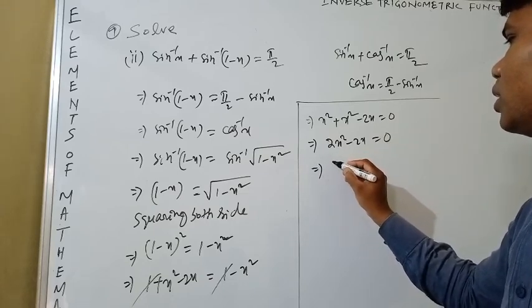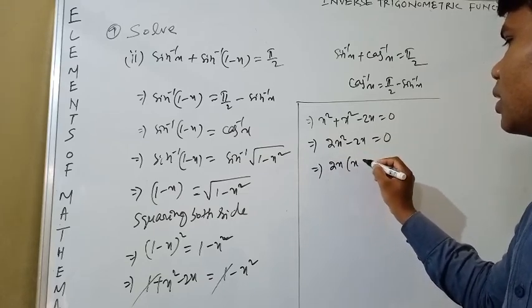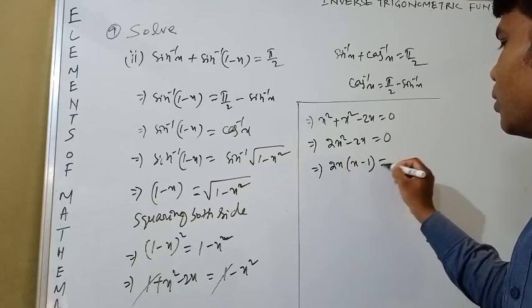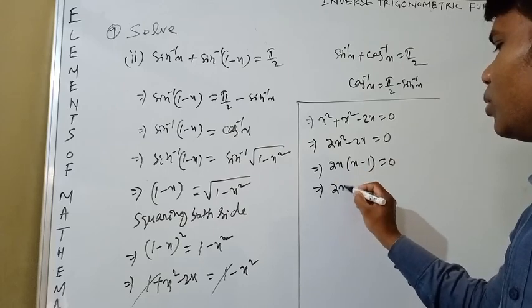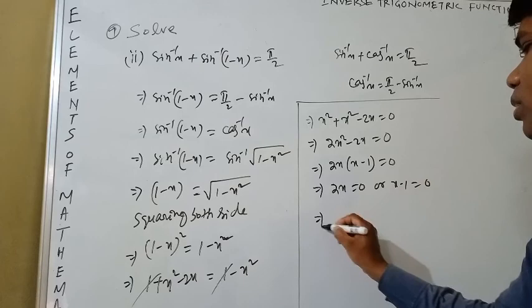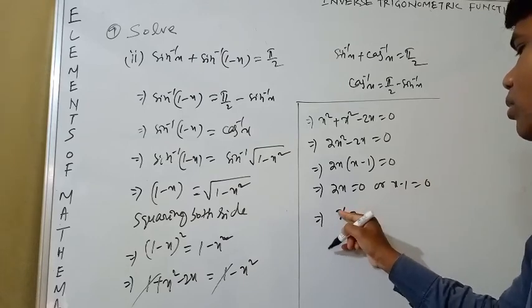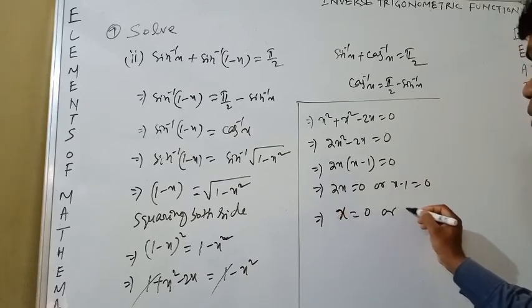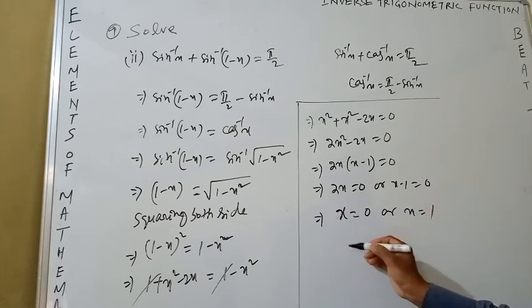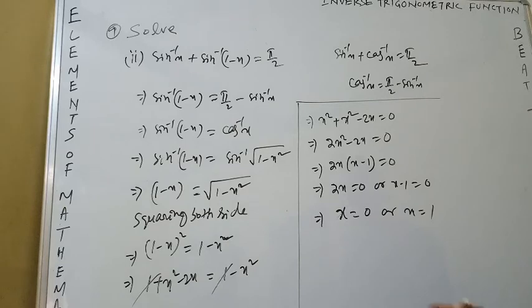This is 2x(x − 1) = 0. So 2x = 0 or x − 1 = 0, so x = 0 or x = 1. Okay, so I have solved: the value of x is 0 or 1. Pause the video, note it down.